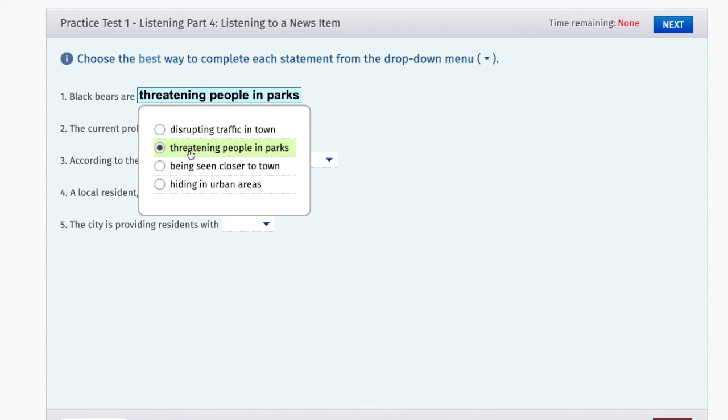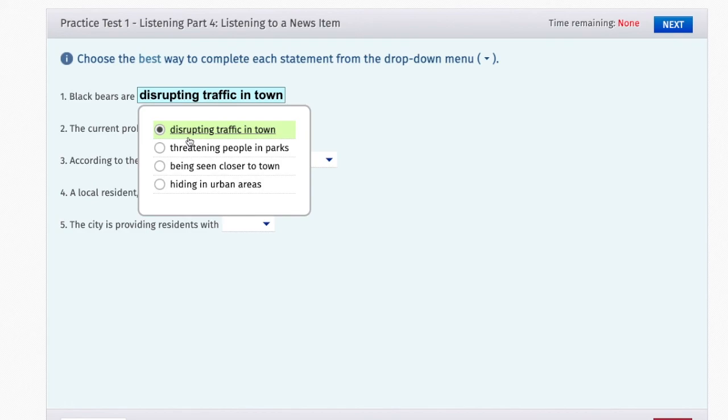I remember it talking about maybe threatening people in their homes, in their houses, because they are going to the garbage. Similarly, up here, I have disrupting, and I think the bears, if they are coming into the city, are going to be disrupting, and maybe even disrupting traffic in town. But I don't really remember something being said about the bears disrupting traffic.